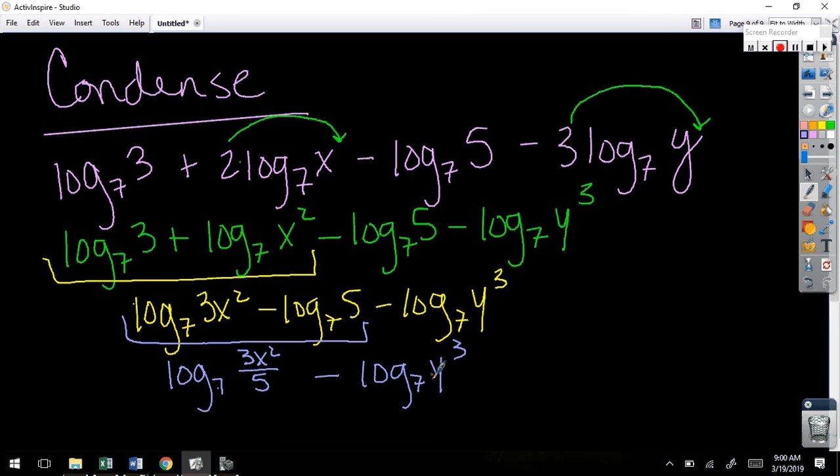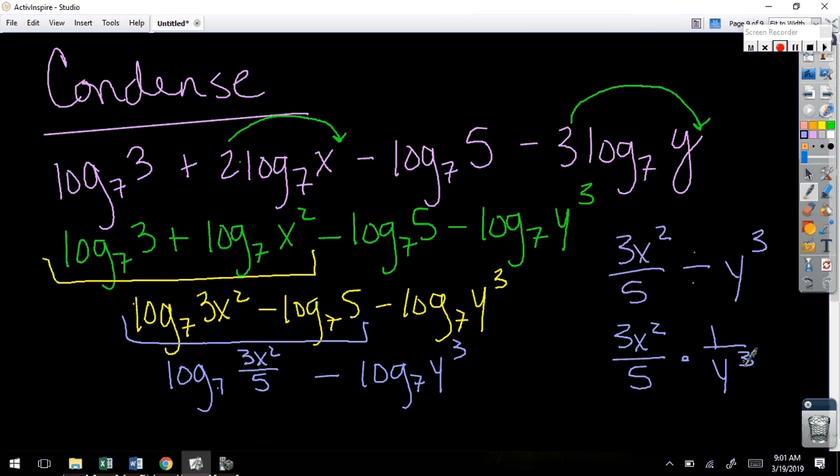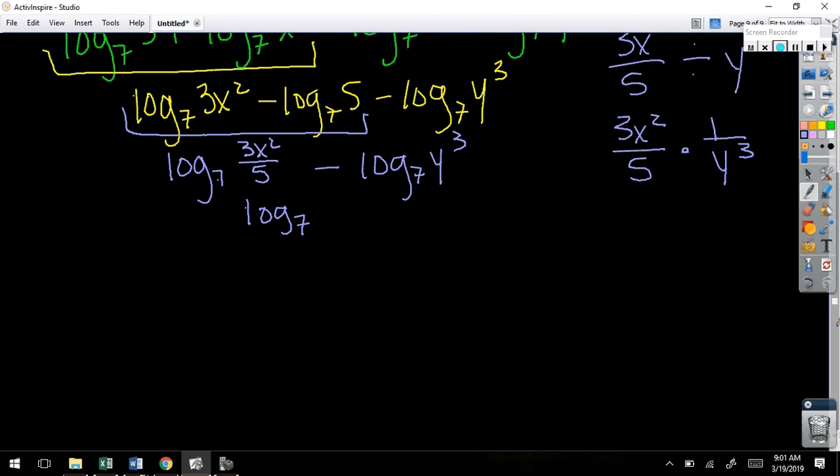If I do 3x squared over 5 divided by y cubed, what I'm really doing is multiplying by 1 over y cubed. Do we agree with that? So this becomes log base 7 of 3x squared over 5y cubed.